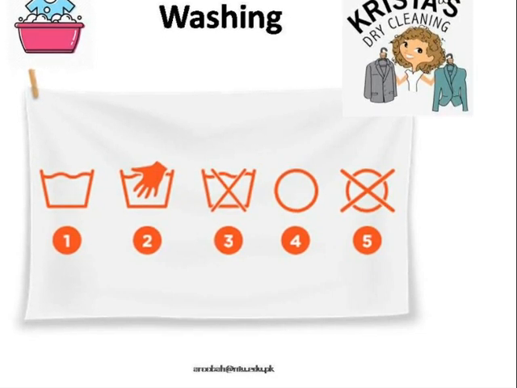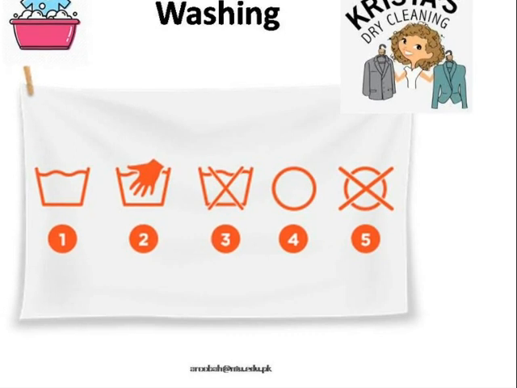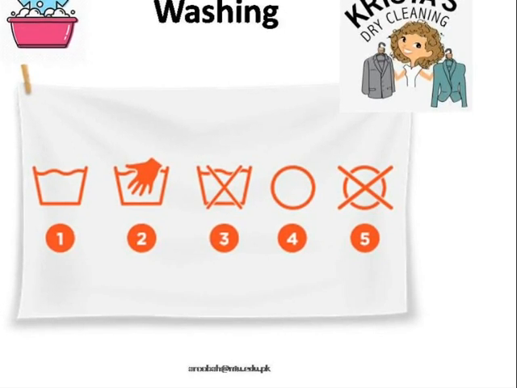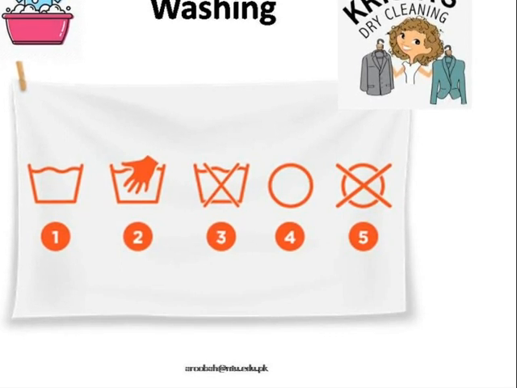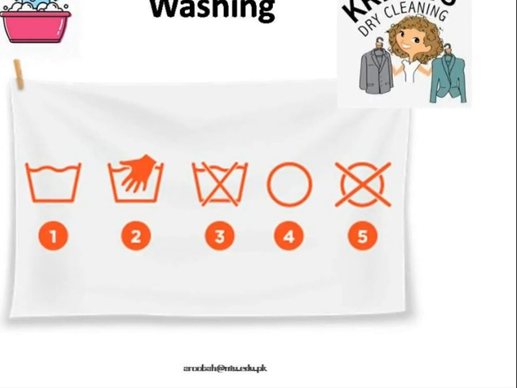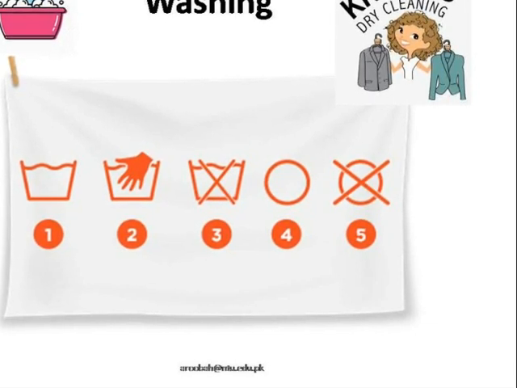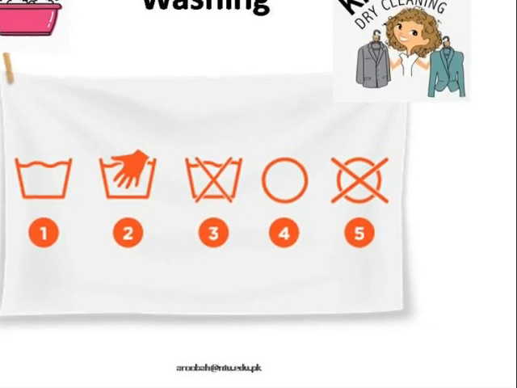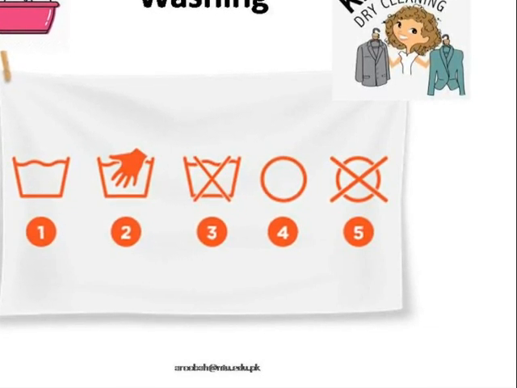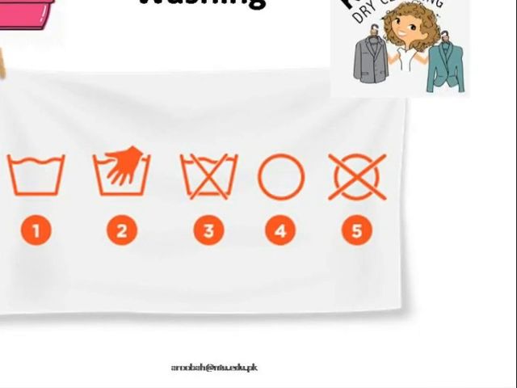The first symbol in the picture shows that machine washing should be done. Number 1, a tub with water, indicates machine wash. The second symbol, a tub with water with a hand inserted in it, means that it shouldn't be machine washed, it should be hand washed. The third symbol with a tub, water and a cross indicates that it should not be washed.